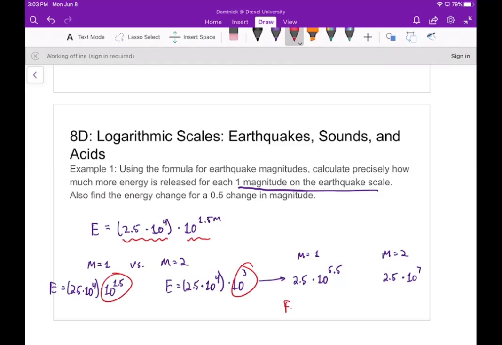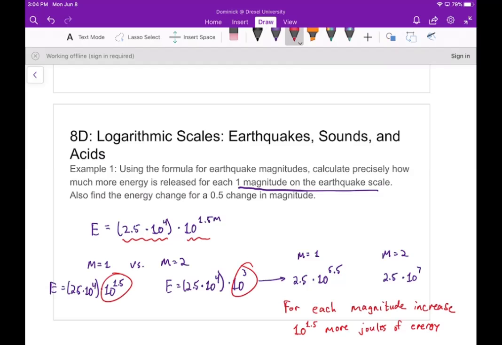So for each magnitude increase, you're getting a factor of 10 to the 1.5 more joules of energy. Right?